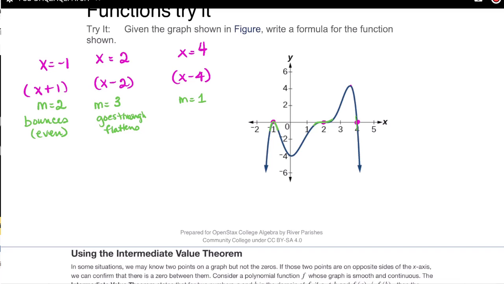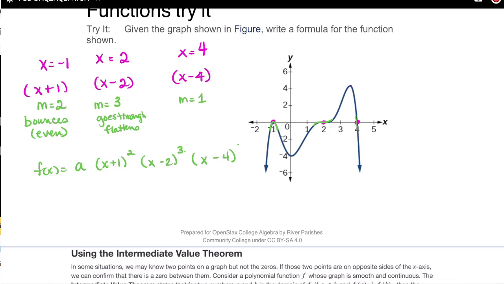So it looks like I have f of x is equal to a times x plus 1 squared times x minus 2 cubed times x minus 4 to the 1. So let's just check a couple things. The degree is 2 plus 3 plus 1.